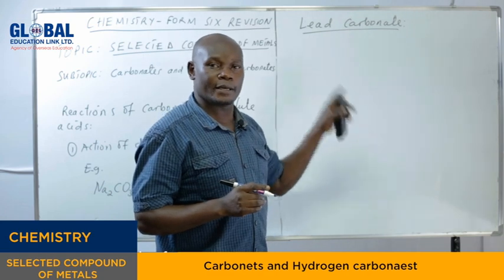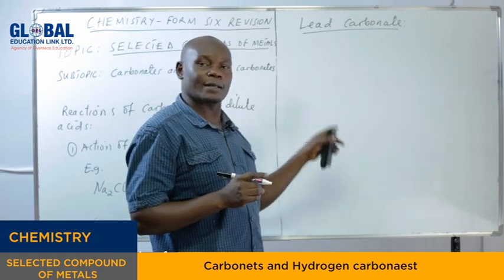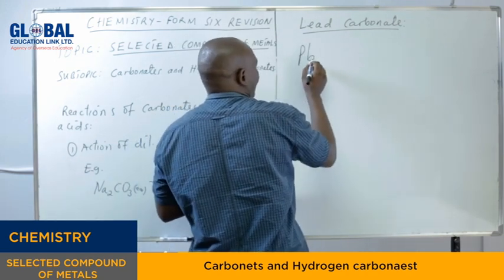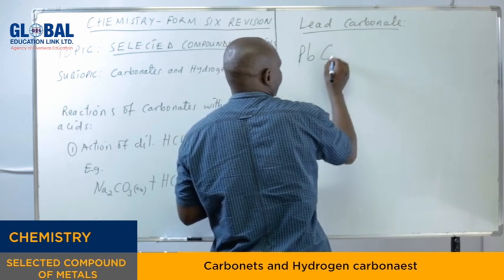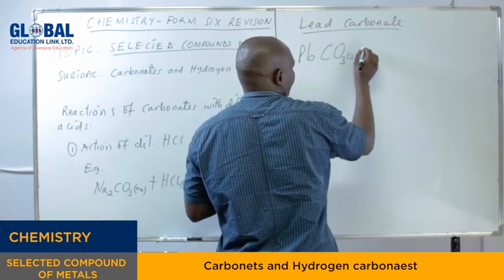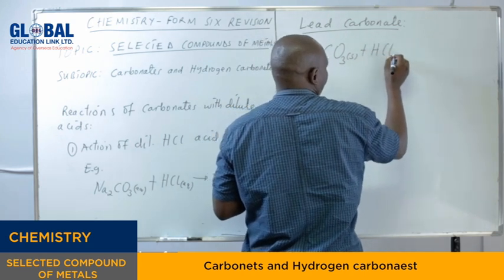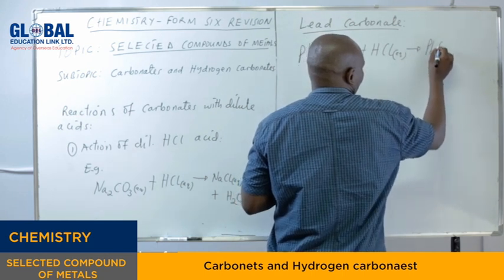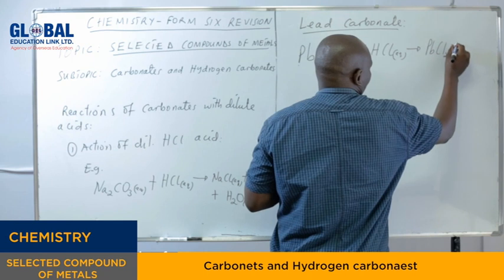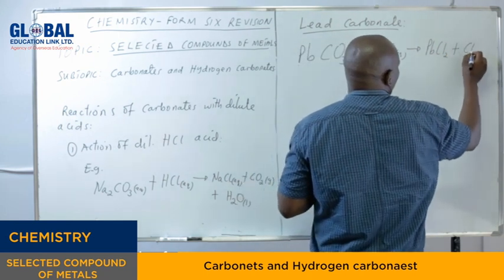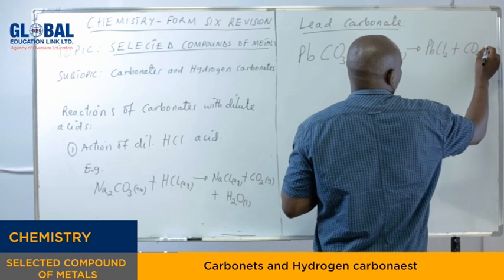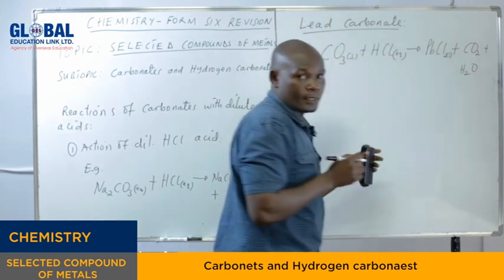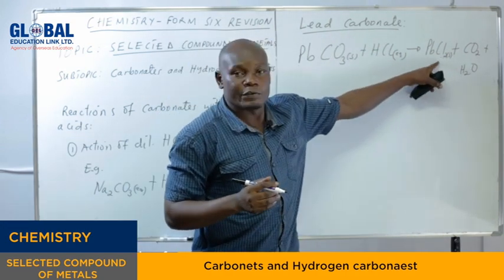The solid lead chloride prevents further reaction of the acid with that carbonate. Taking lead carbonate as our example, when reacted with hydrochloric acid, the products are lead chloride, carbon dioxide and water. But the lead chloride formed is solid, which means it prevents further reaction from taking place.